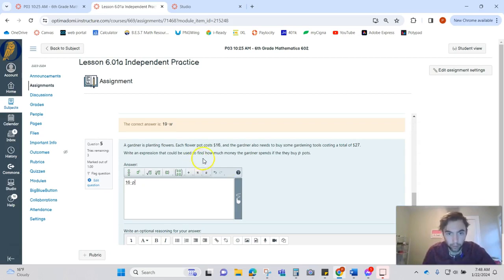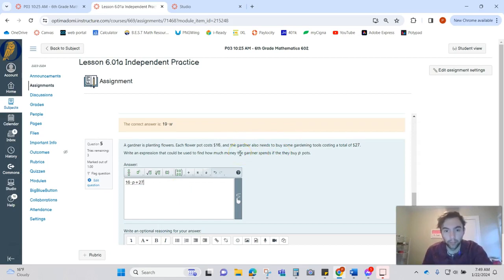Write an expression that could be used to find out how much money the gardener spends. Oh, so if he spends this, and he also spends this, so like "also needs to buy," I think we're going to be plusing 27.